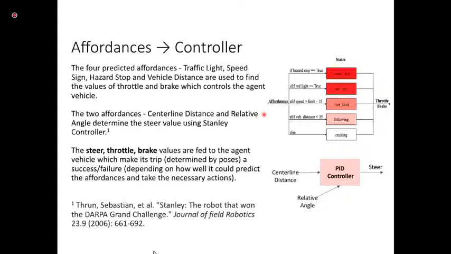If the current speed is greater than speed limit minus 15, then you predict this over limit, and accordingly there is a feedback controller which basically applies the brake.